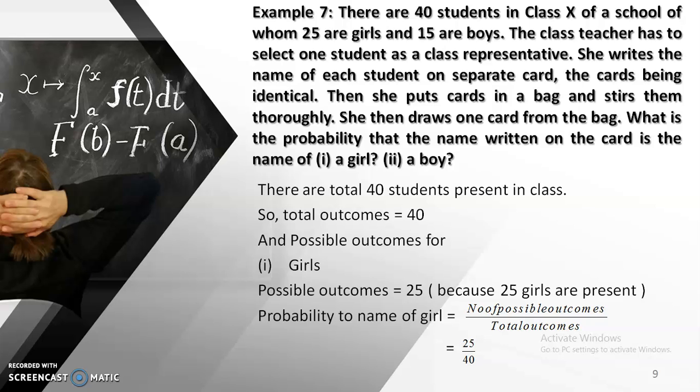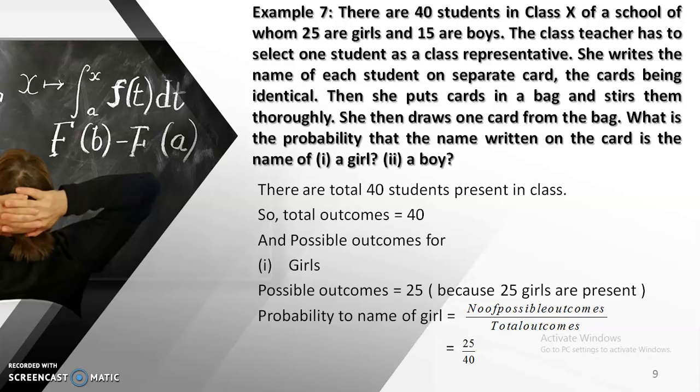So there are a total of 40 students present in the class. So total outcomes is 40, and possible outcomes for girls equals 25, because there are 25 girls in the class. So the probability of the name of a girl equals number of possible outcomes divided by total outcomes, equals 25 divided by 40.